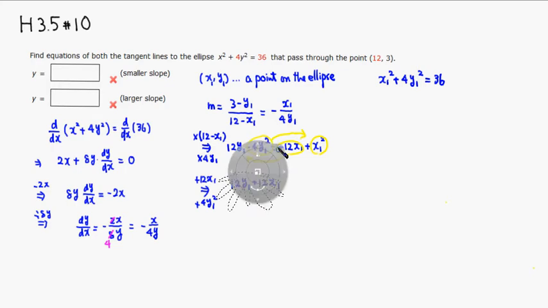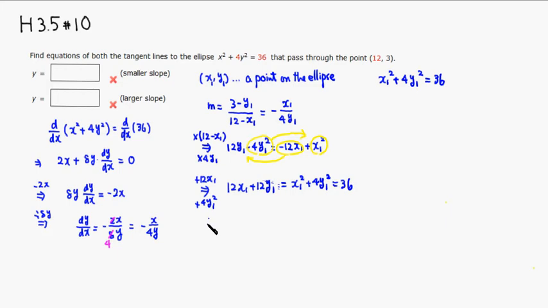All right, that's good enough. So we have 12x1 plus 12y1 equal to, and luckily we have x1 squared plus 4y1 squared, which is exactly equal to 36.